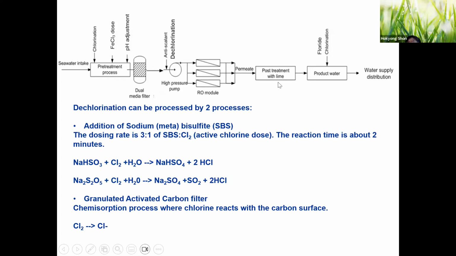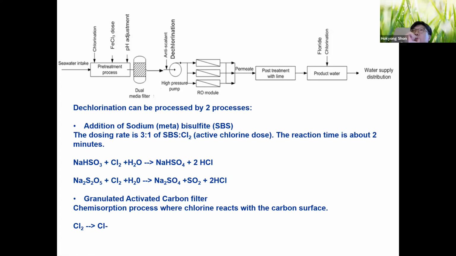Post-treatment with lime. The lime has also calcium hydroxide, and fluoride, and chlorination again, because you need to make your water very safe. So while traveling to your home, the chlorine will continuously kill your microorganisms.